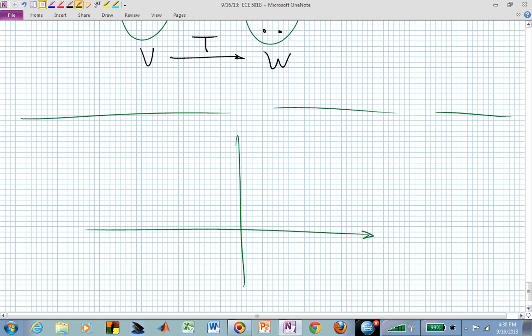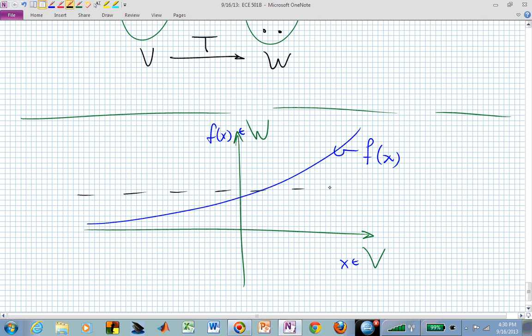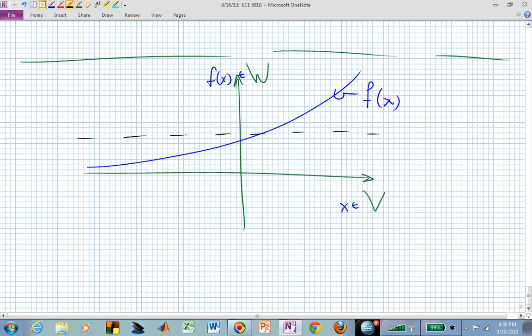Let's say our x is now this V, and the y coordinate is our W. Then an injective map would be something like that, where x is an element of V, and f of x is an element of W. If we thought about a horizontal line, that horizontal line only intersects this function in one location.